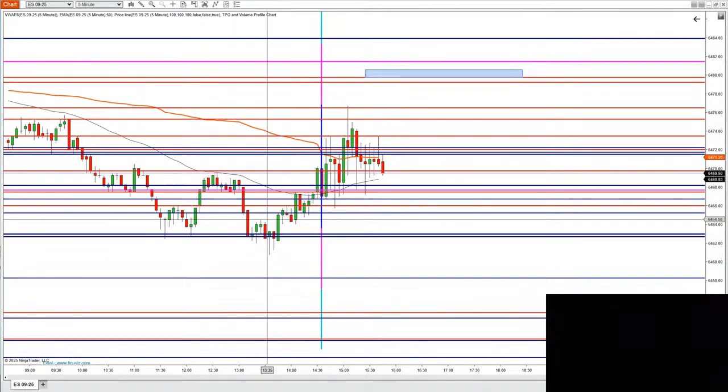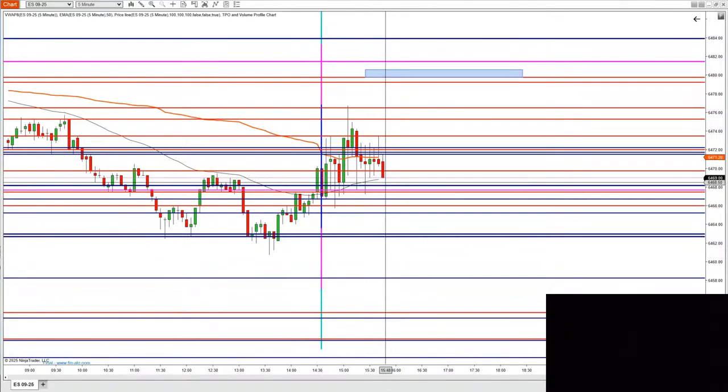Okay, price is coming down from VWAP. I may take long around here, targeting IB high. Again, very tight stop losses.